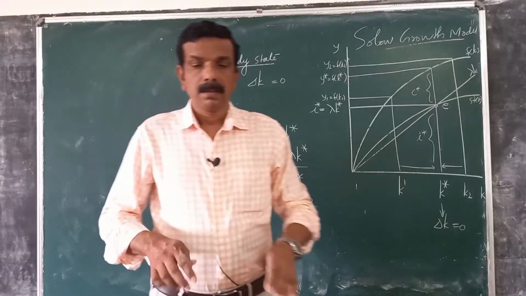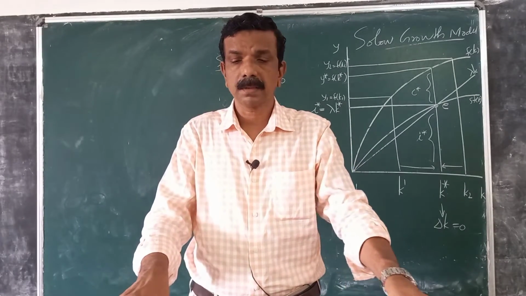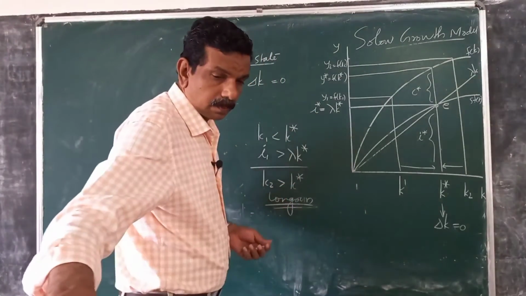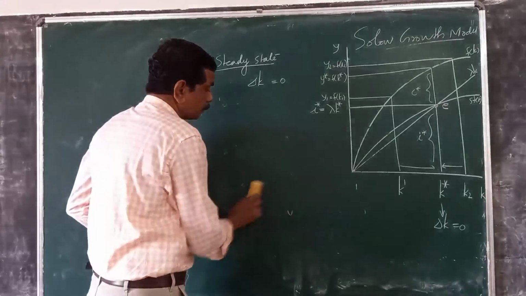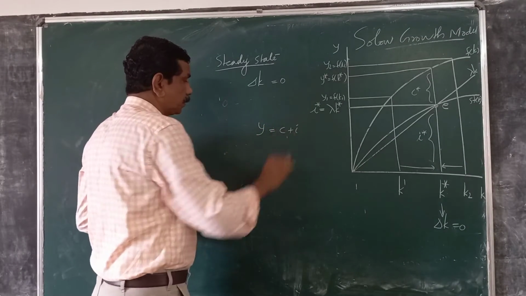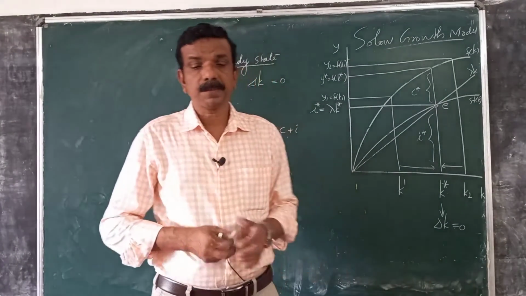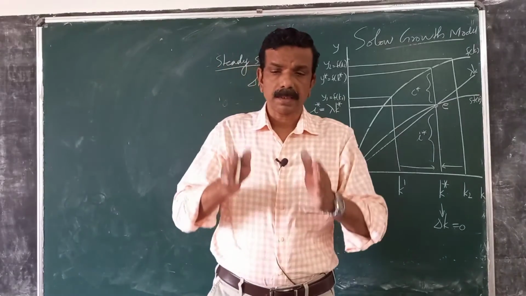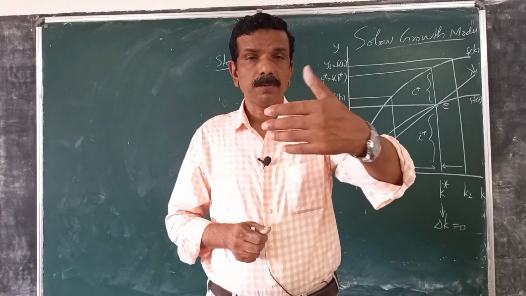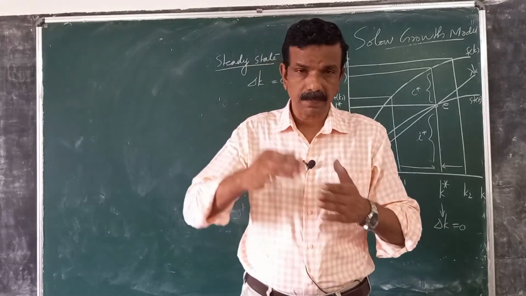One more question is, what determines consumption per worker? We know that Y is equal to C plus I. Output per head is equal to consumption per head plus investment per head. And consumption per worker is the difference between output per worker and savings per worker.